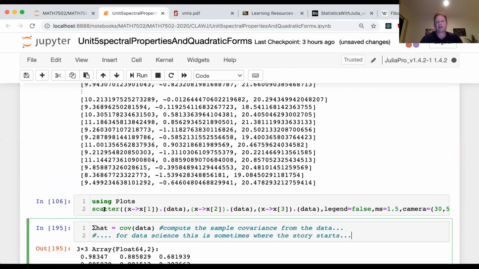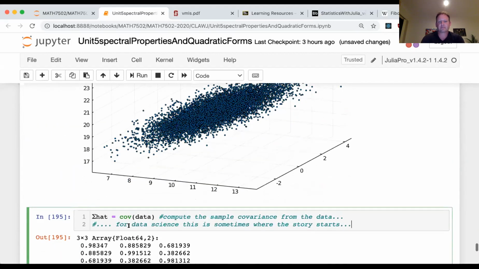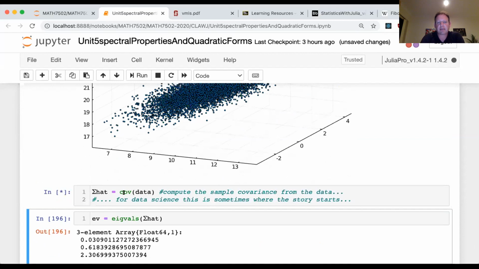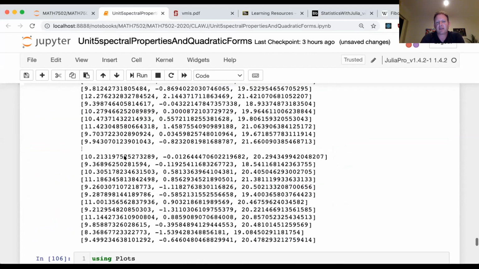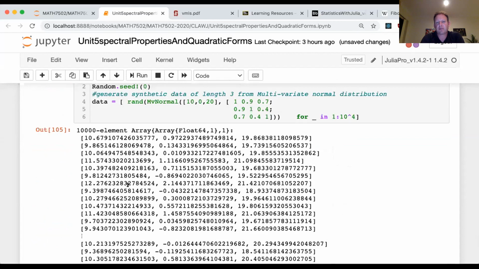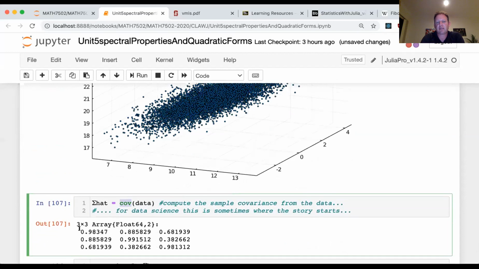I've got this data, and I compute the sample covariance. This is what the cov function does: it gets an array of data points and returns a covariance matrix. It estimates the variance of the first component, the variance of the second, the variance of the third, and the covariance between the first component and the second, or the first feature and second feature, if you'd like.